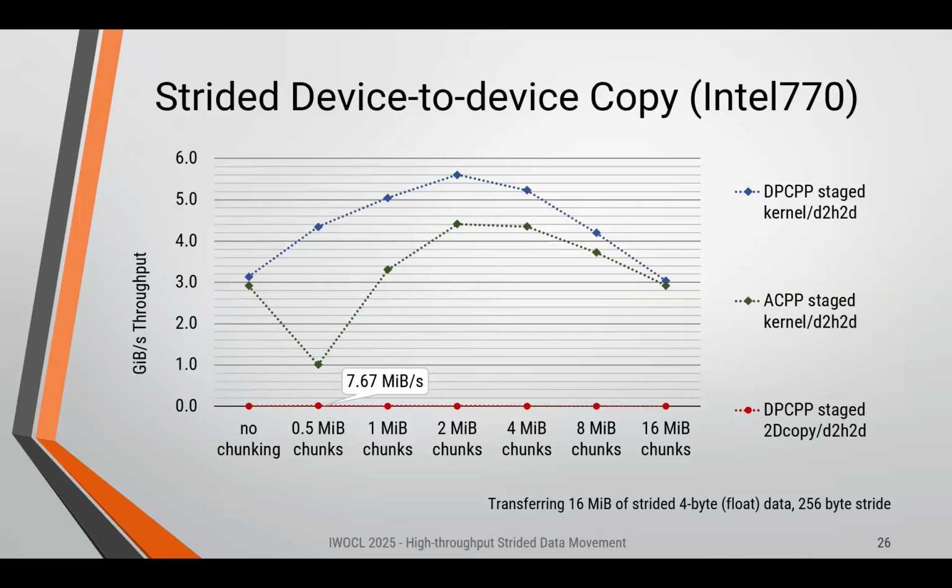On Intel, at least in the way I eventually got this to work, AdaptiveCpp, also not that surprising, doesn't perform as well in terms of overheads compared to DPC++.